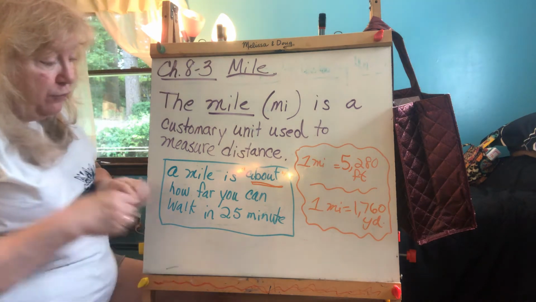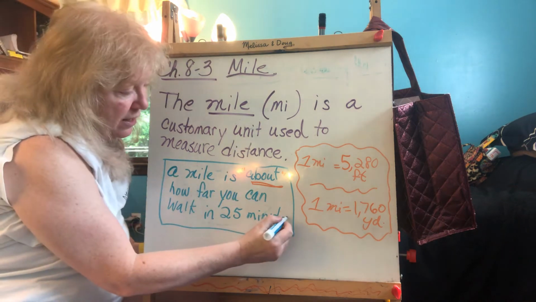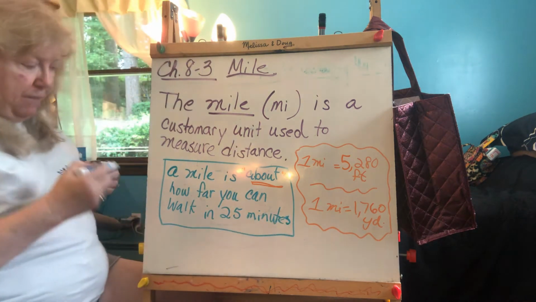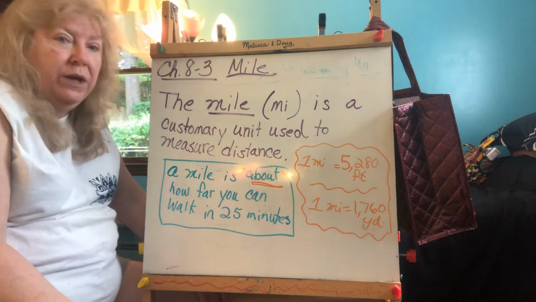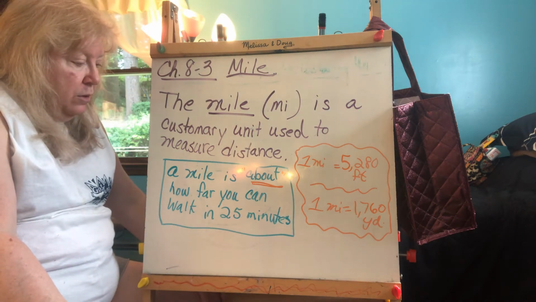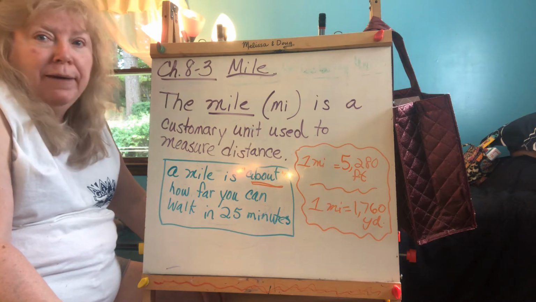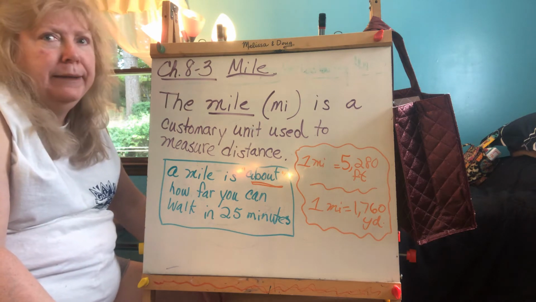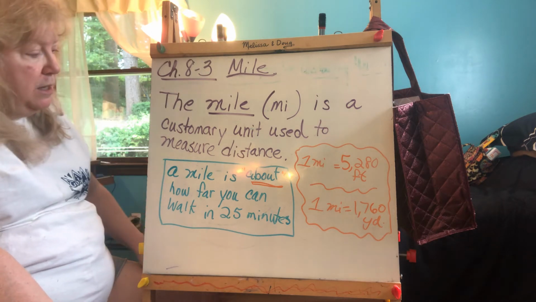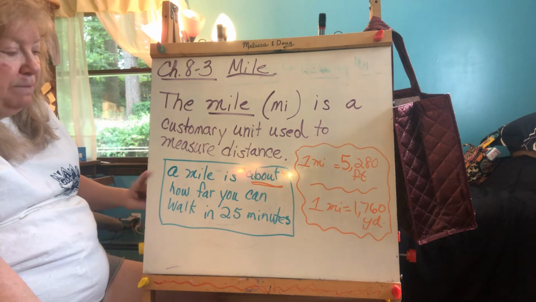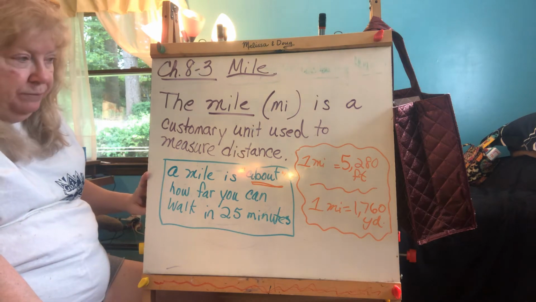If you were walking for 25 minutes straight at a fairly comfortable pace, you would walk about a mile, okay? If you were to drive in your car a mile, you'd get there in probably 2 or 3 minutes, okay? So a mile is about a 25 minute walk.